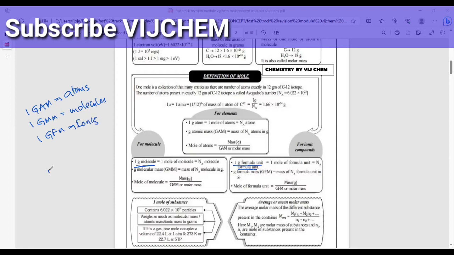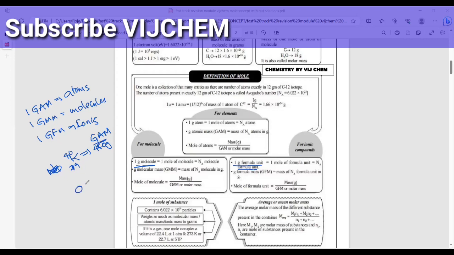For example, if I take sodium, you will get confused with this as Avogadro number. So let me take potassium, okay? For potassium, I have to take the gram atomic mass. That is, its atomic number is 19 and mass number 40. So this 40 grams is the gram atomic mass.